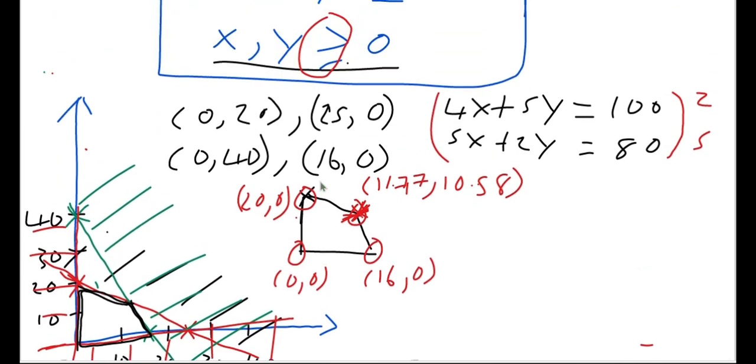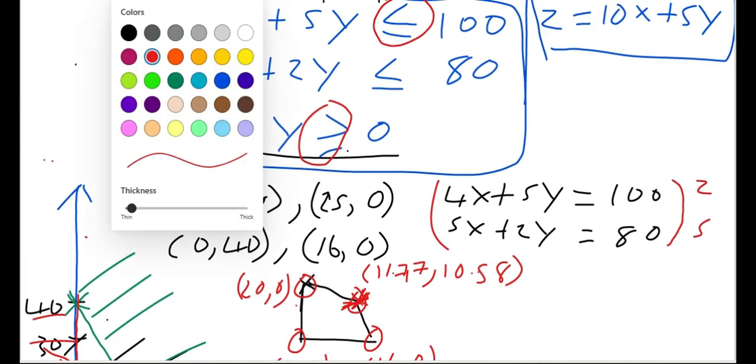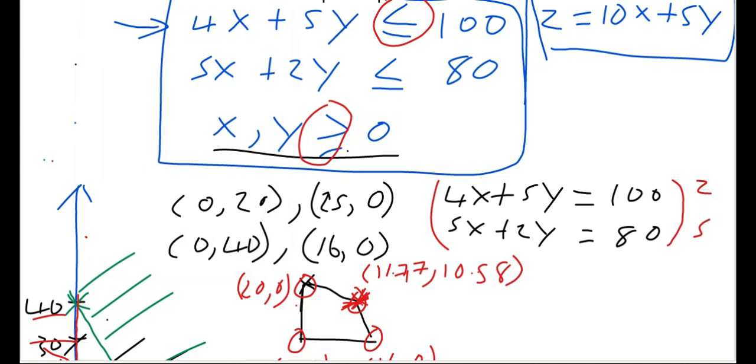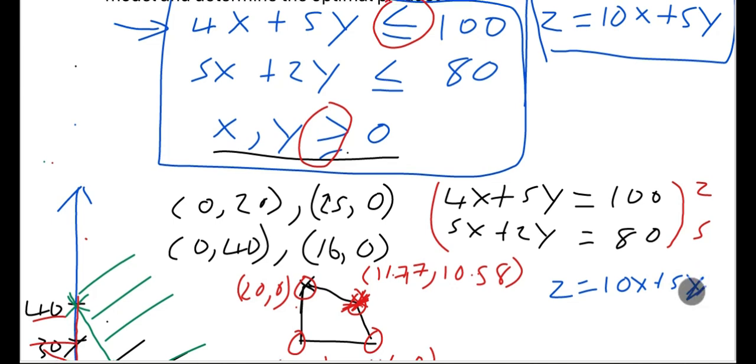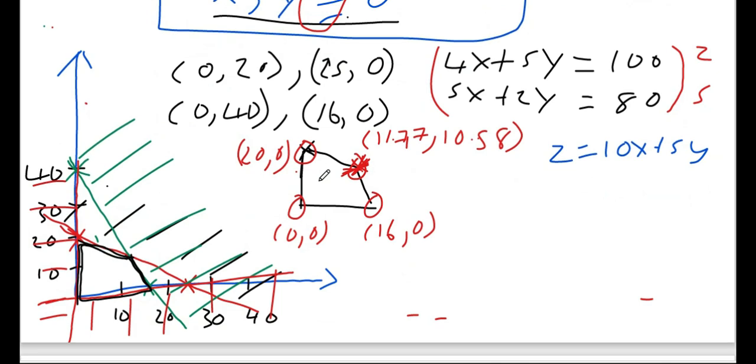Remember, our objective function is z. Let me just use a totally different color. So z is equal to 10x plus 5y. That's our objective function. So now, I'm just going to do z, 10 multiplied by x.